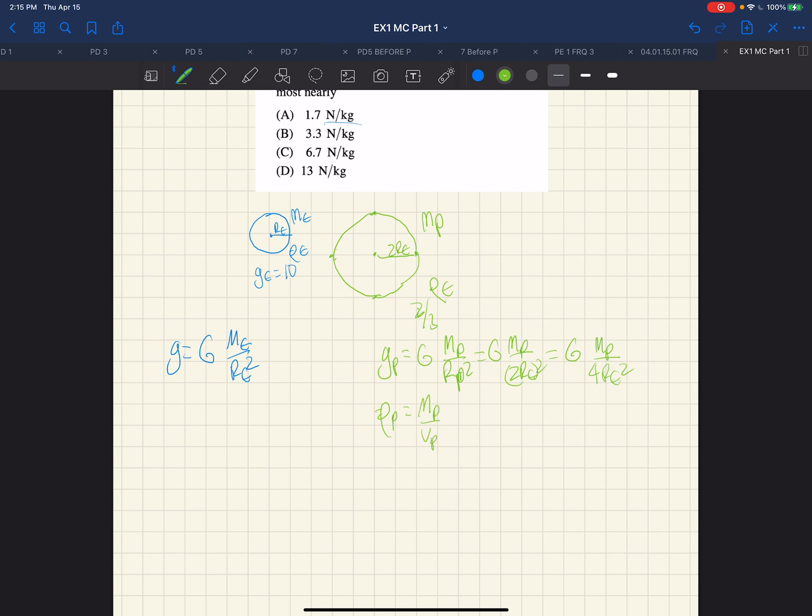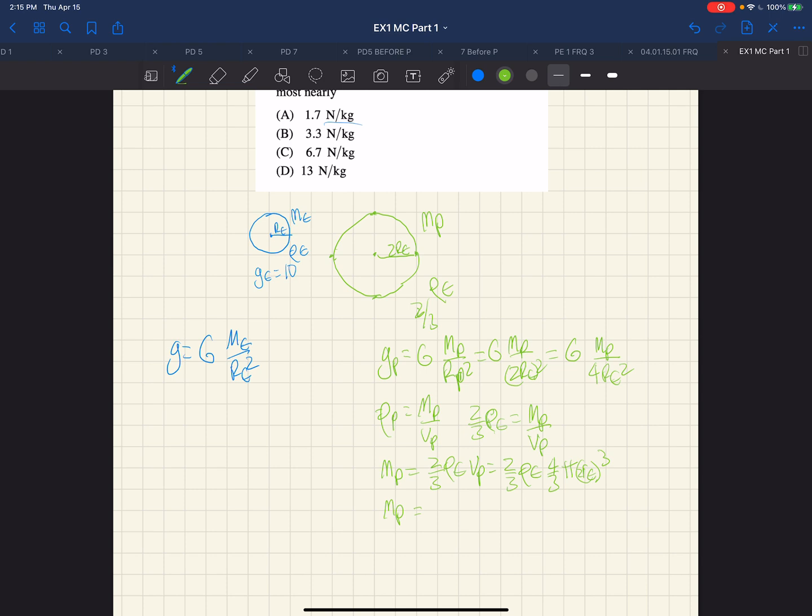The mass of the planet, the thing we don't know, is 2/3 rho E times the volume of the planet, which is 4/3 pi r cubed, which is 4/3 pi (2RE) cubed. That gives us the mass of the planet.